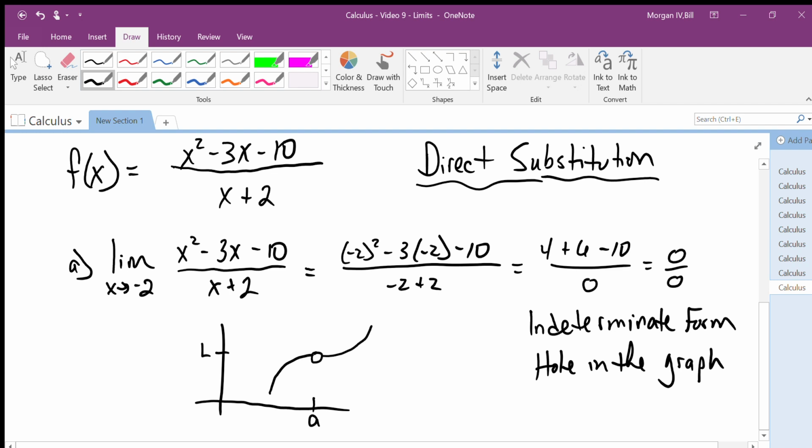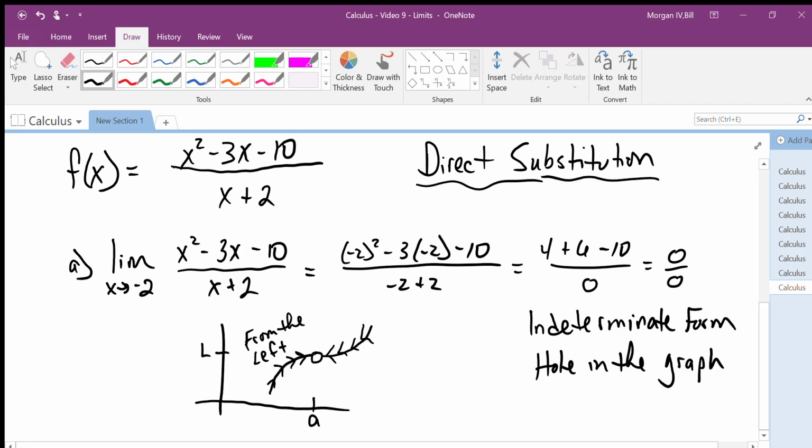When I use the words from the left, what you're picturing is the left side of A. Even if the value of the function at x equals A doesn't exactly exist, for the limit from the left you're picturing, on the left-hand side of A, what happens on the curve as the x values get close to A. And when I say from the right, you're picturing the values of the function on the curve as the x values get close to A from the right.